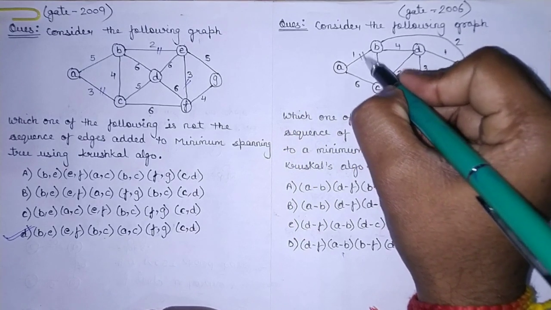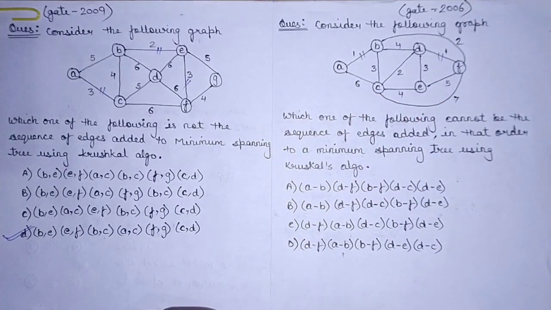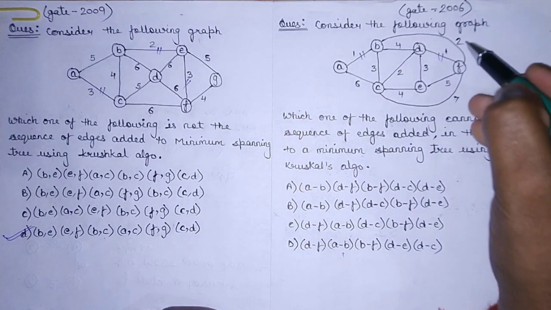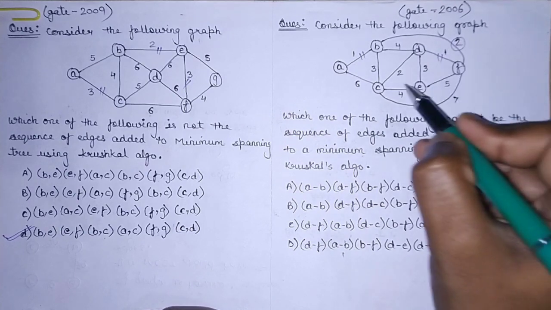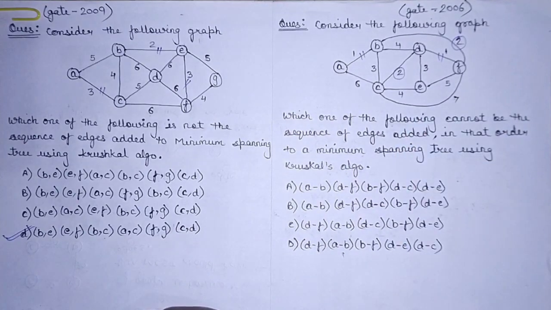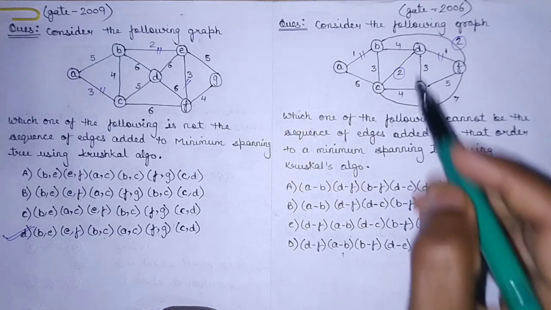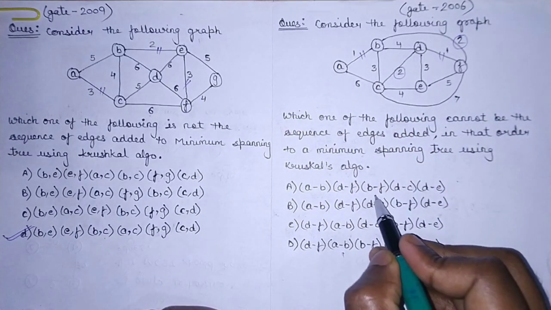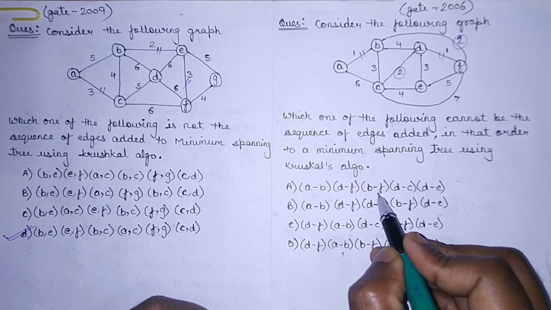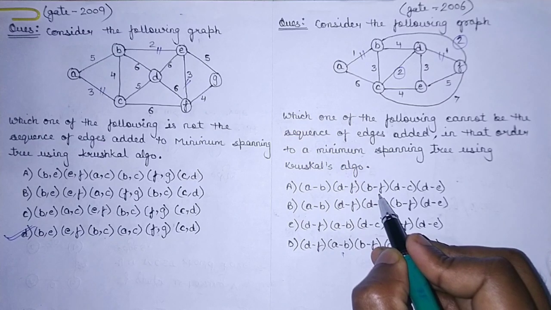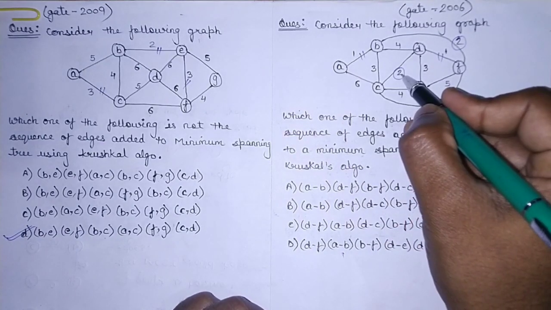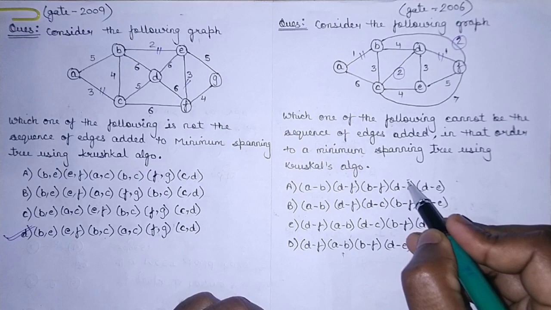Now if I took this one and this one, what are the next possibilities? The next possibility is the next minimum value, that is 2. These are the next minimum values. Here we have taken BF, which is right, and after this BF we have to take the next value of 2. So it is okay up to here.